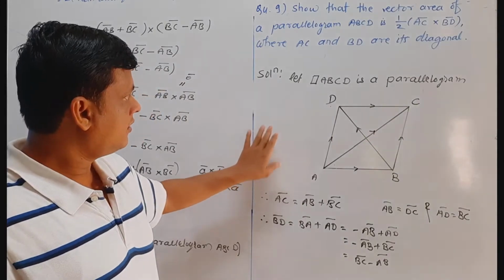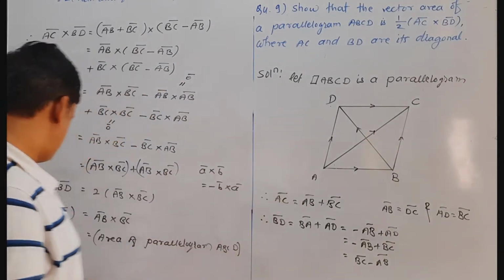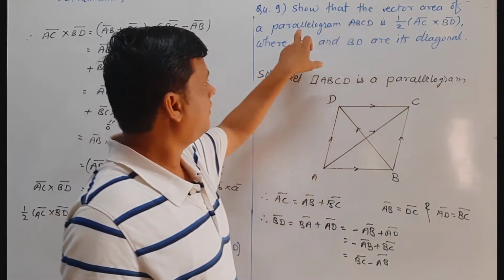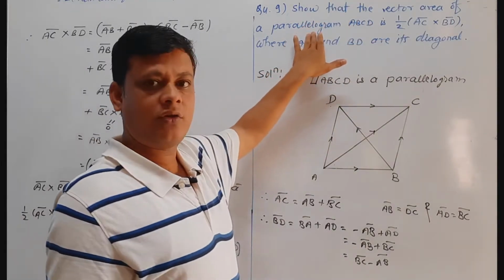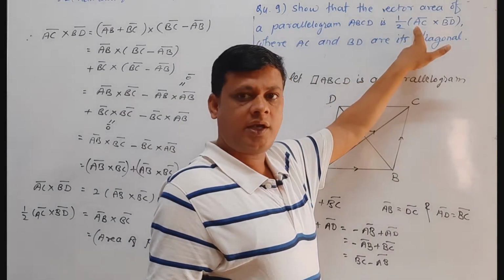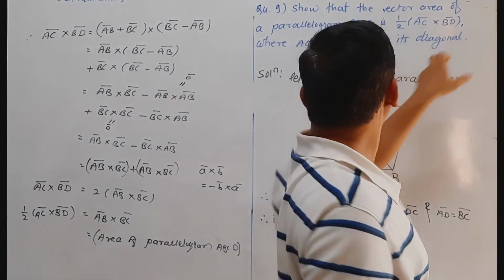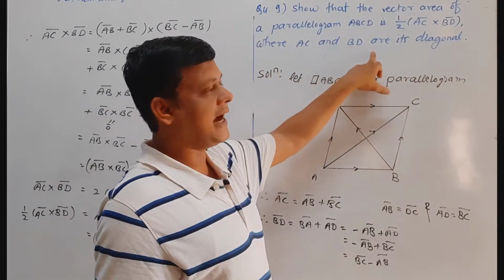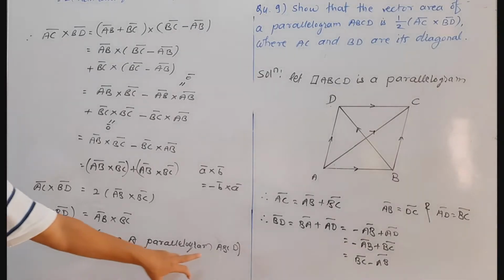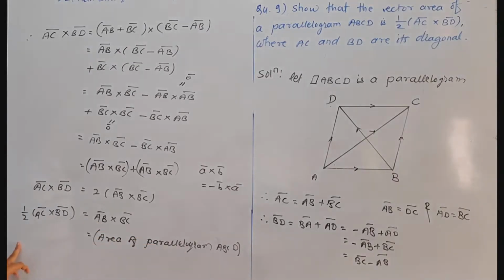So from this we conclude that the vector area of parallelogram ABCD is half of vector AC cross vector BD, where AC and BD are its diagonals. So in this way you can show that the area of parallelogram ABCD equals half of the cross product of the diagonals of the parallelogram.